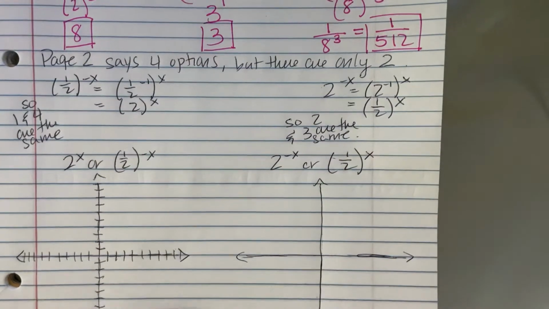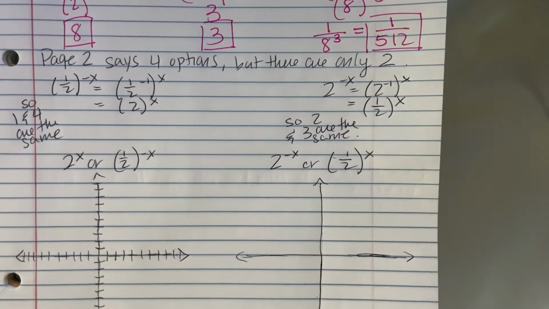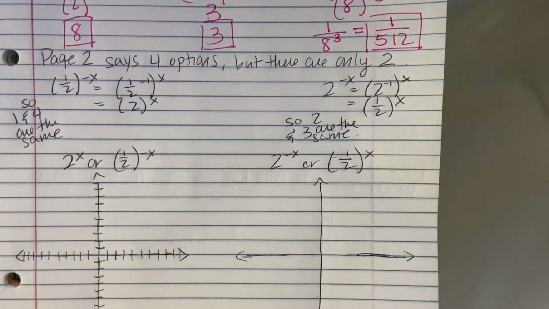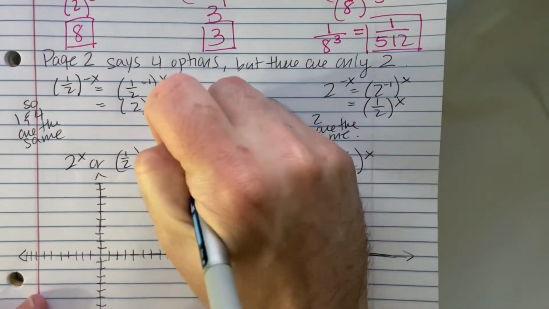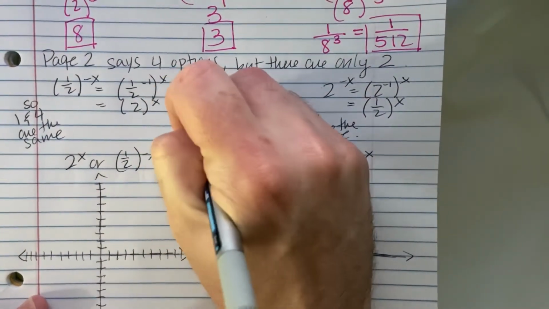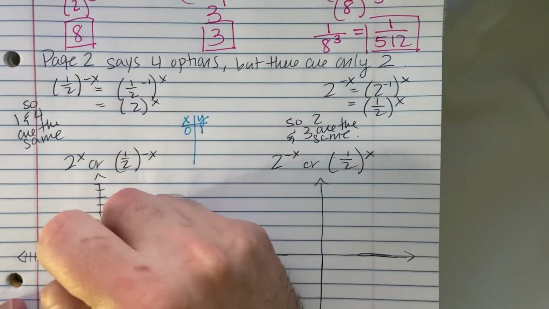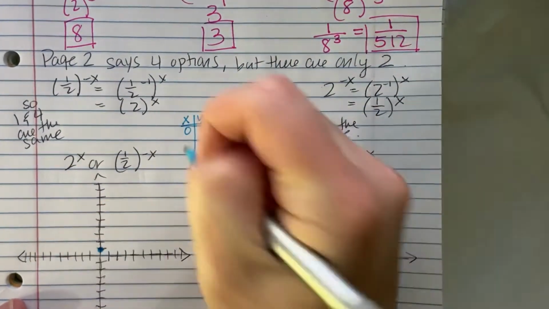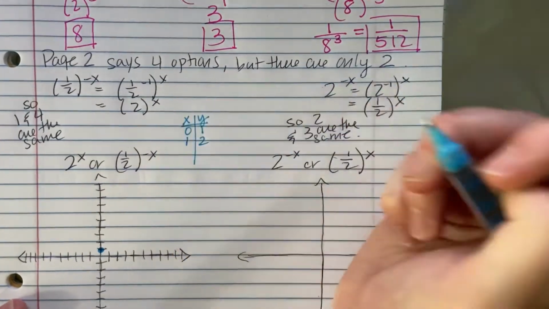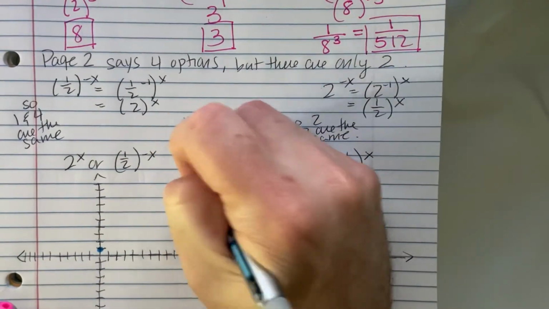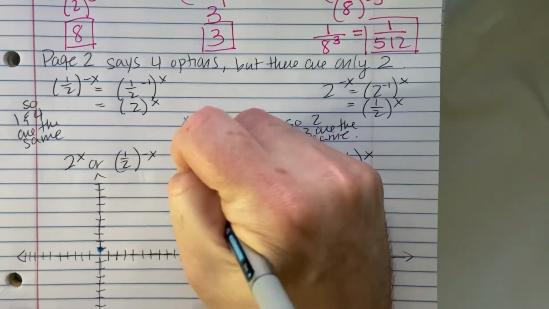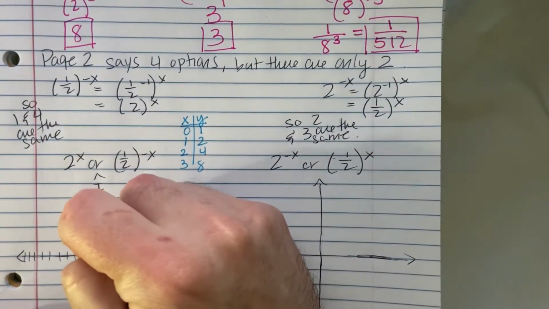So we'll go in depth with the first one, 2 to the x. Let's make an xy table for 2 to the x. 2 to the 0th power is 1. We can plot that. 0, 1. 2 to the first power is itself, 2. 2 squared is 4. 2 cubed is 8. So let's plot some of these.